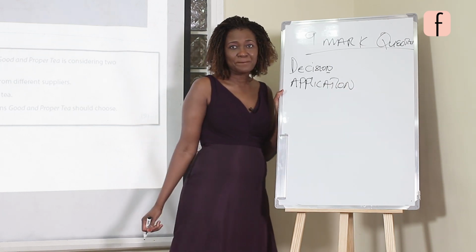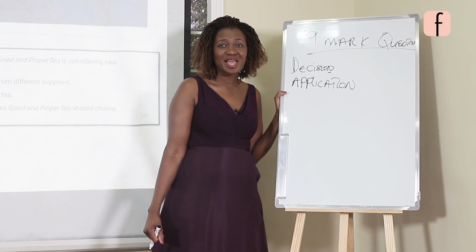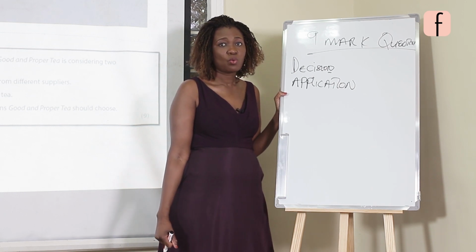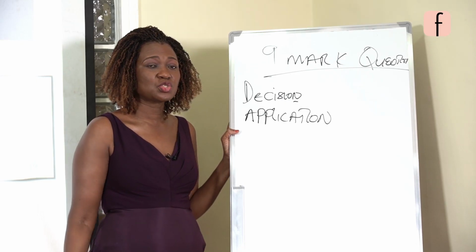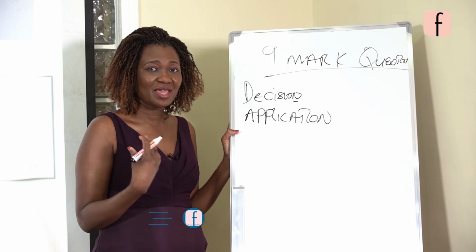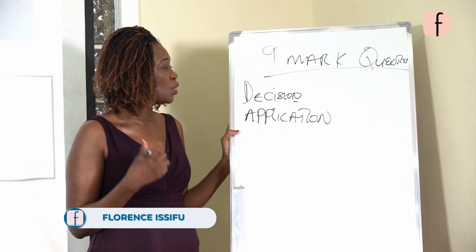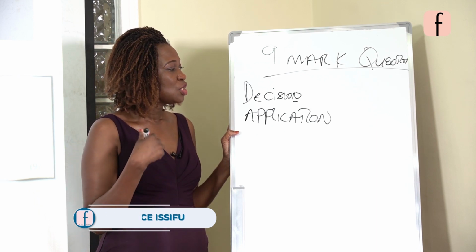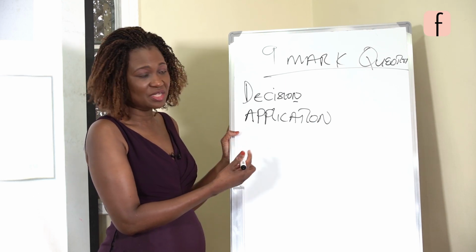If you want to learn the best way to do the application, I'm looking forward to seeing you in my exam technique approach, where I look at application in detail. Application is going back to the business, the case study, and getting information from that case study. So you make the decision, you do some application to say why you are making that decision.